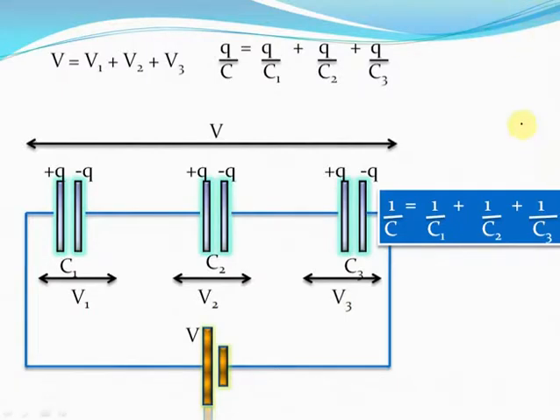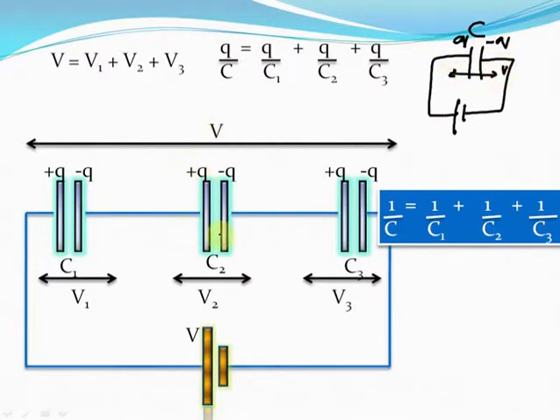So what you can say is that instead of these capacitors C1, C2 and C3, you can basically use a capacitor C like this to replace all these 3 capacitors. In that case, this capacitor C will have the same charge as all these 3 capacitors, and it will have a potential difference V across it.